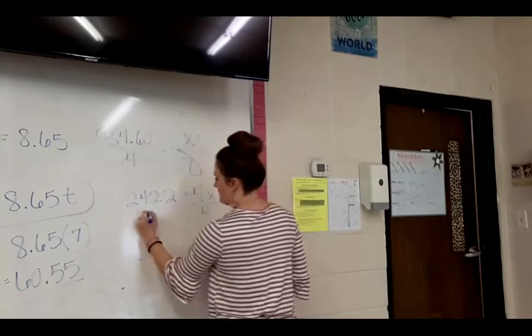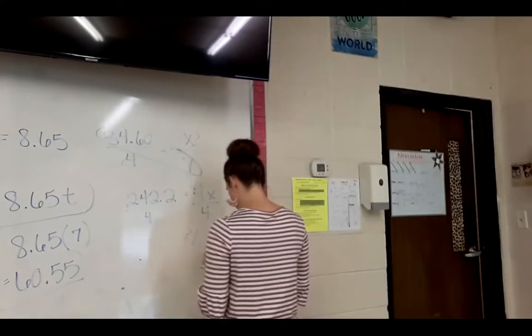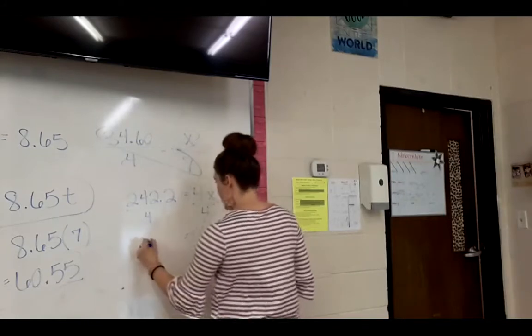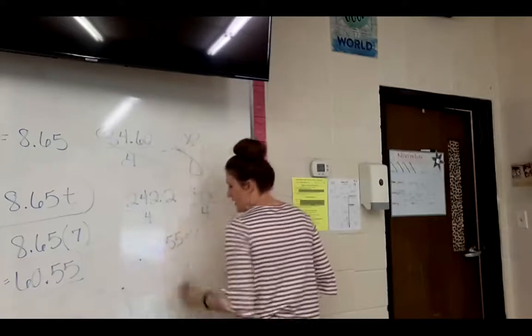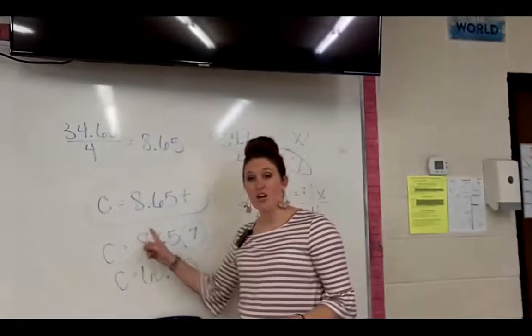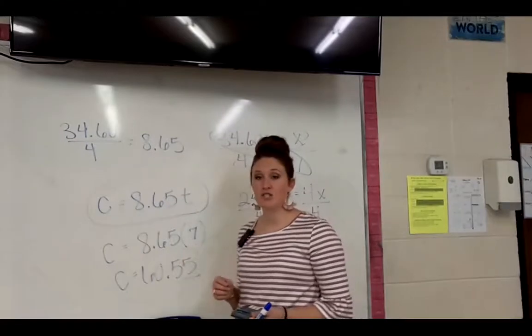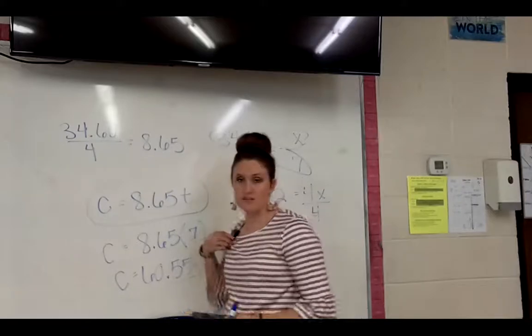Divide both sides by 4. We get $60.55. So we should have gotten the same answer. You're just double checking. It will cost $60.55 for 7 tickets. It's just now you're having to try and learn how to set up an equation to represent any amount of tickets in this problem.